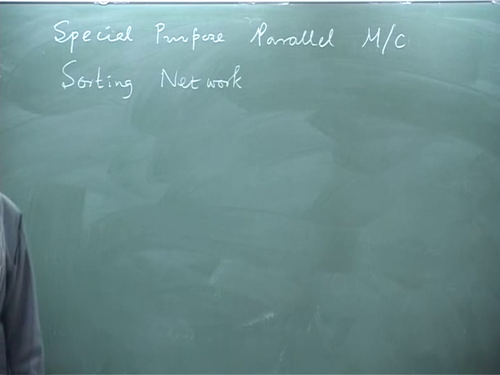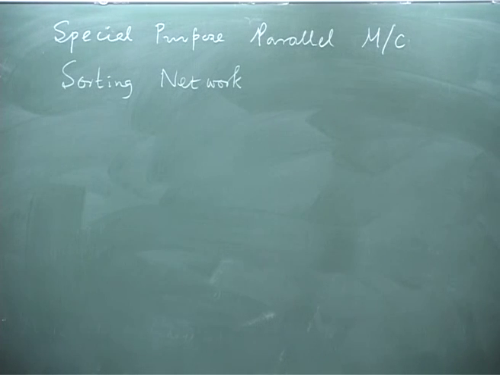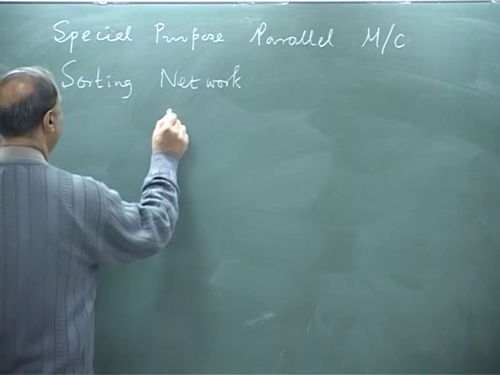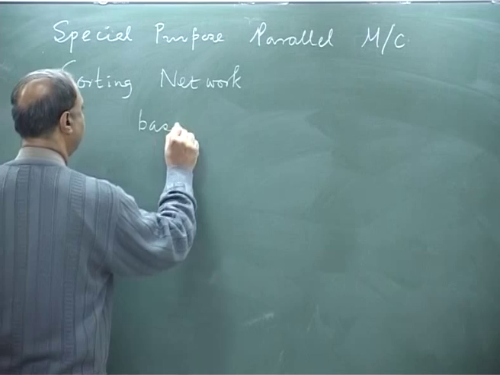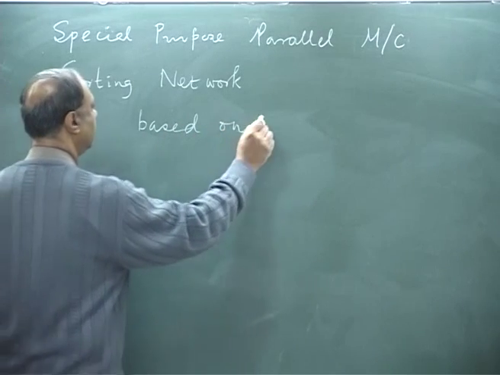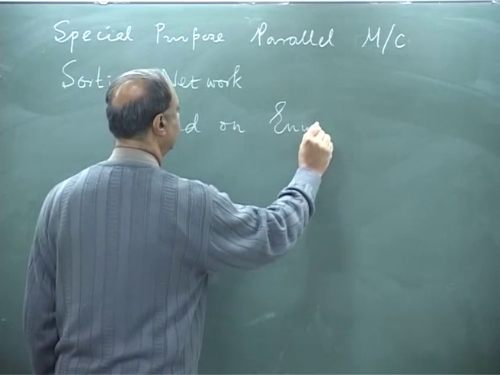There are three types of sorting networks we'll be discussing. First one is based on enumeration sort.